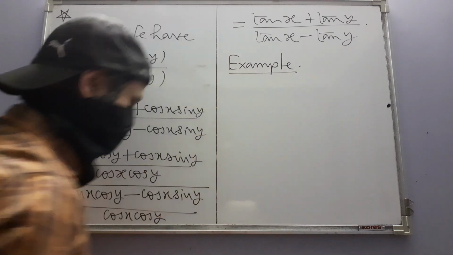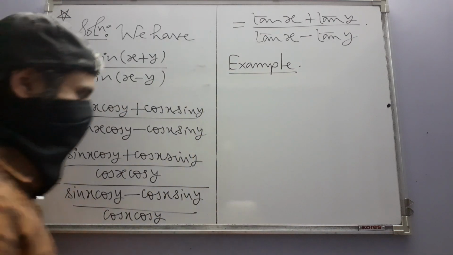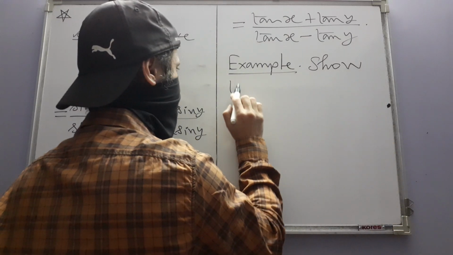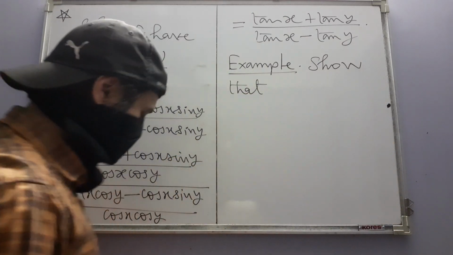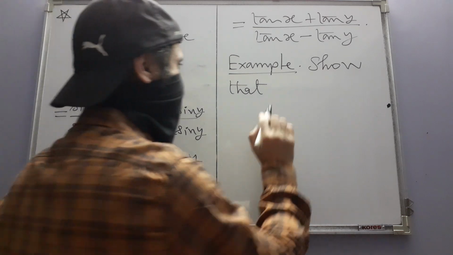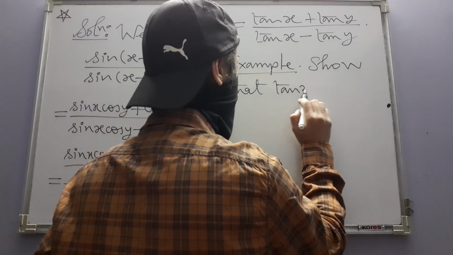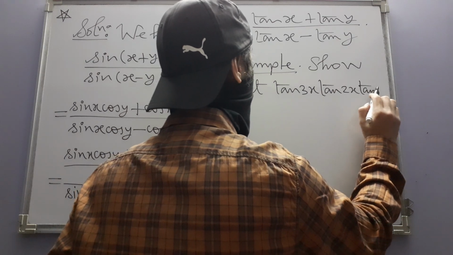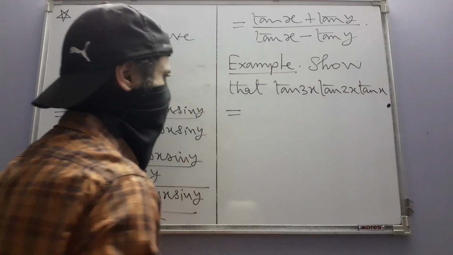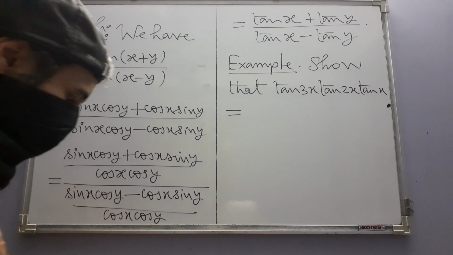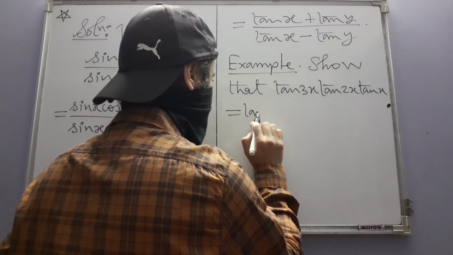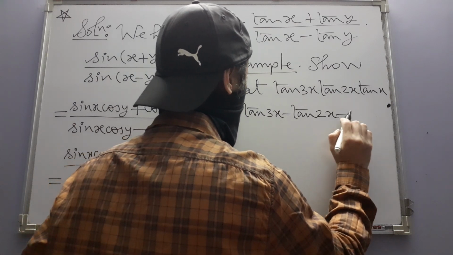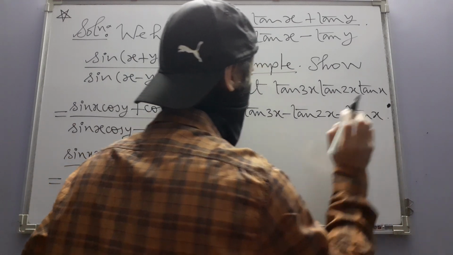Next example. Show that tan 3x tan 2x tan x is equal to tan 3x minus tan 2x minus tan x.